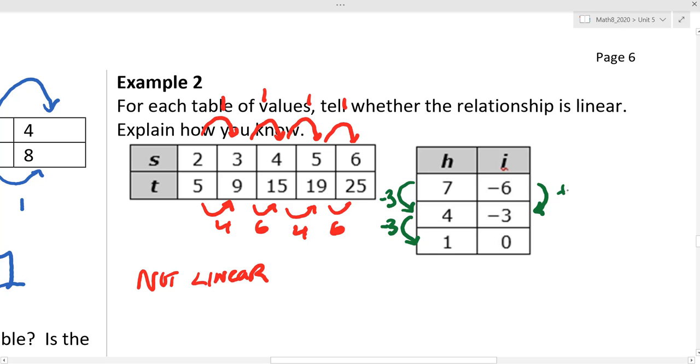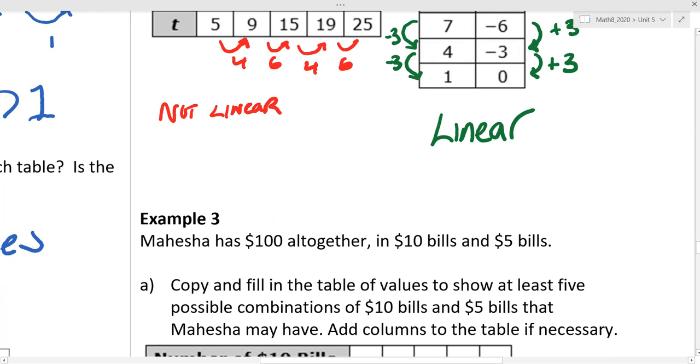So I'm going to write +3. And going from here to here, once again, we added 3. So on the right-hand side one, there's even spacing everywhere, right? So this one is linear. Okay? So that's it.